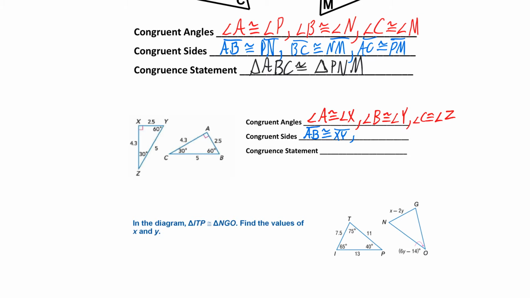XY. Okay, then side BC is congruent to what? To YZ. And then AC is congruent to XZ. Okay, so for the overall congruent statement, triangle ABC is congruent to triangle XYZ.